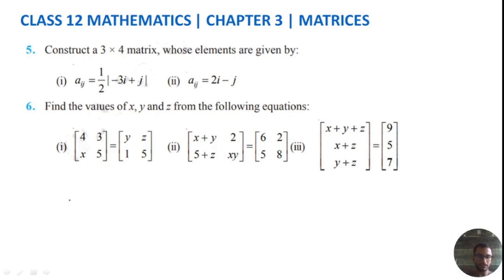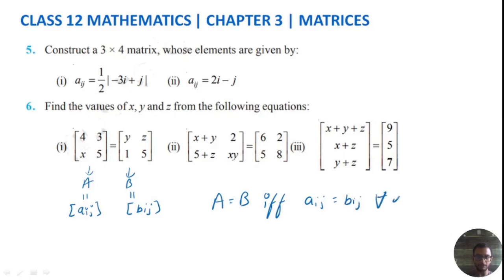If I name this as A and this as B, and an element of matrix A is of type Aij and an element of matrix B is of type Bij, then you say A equals B if and only if Aij equals Bij for every i, j. If this holds, then only you can say that two matrices are equal. You got it, right? So this is how we compare whether two matrices are equal or not.